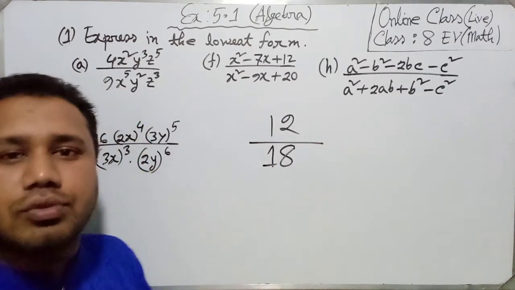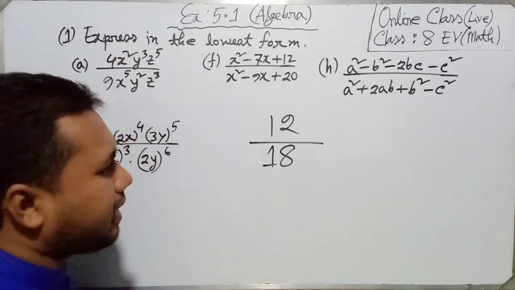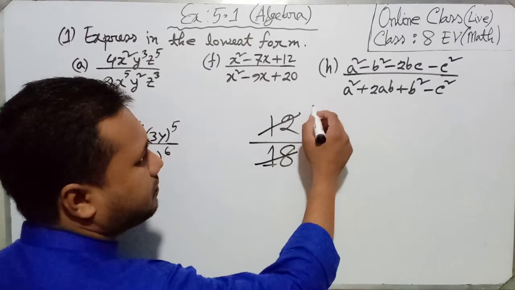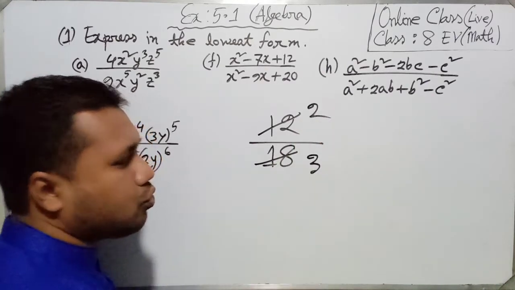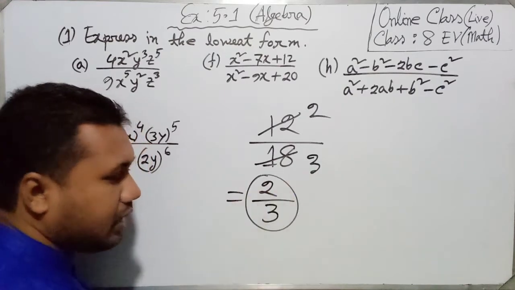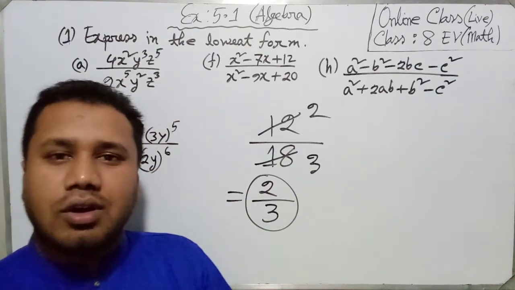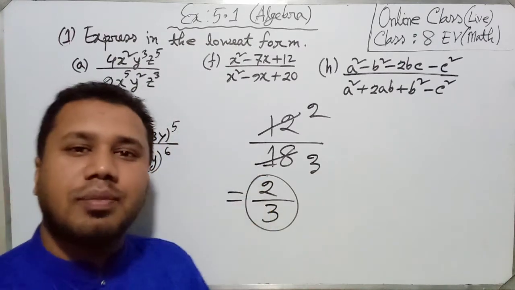Suppose this is a fraction, 12 by 18. If we minimize by 6, this will be 2 and 3. So we can write 2 by 3. This 2 by 3 is called the lowest form of 12 by 18.